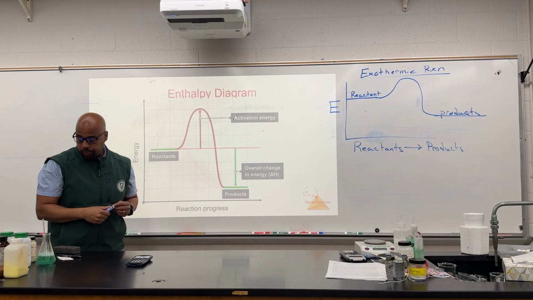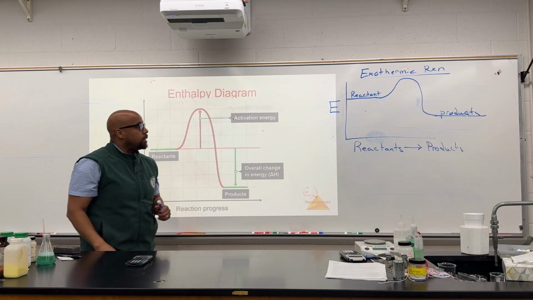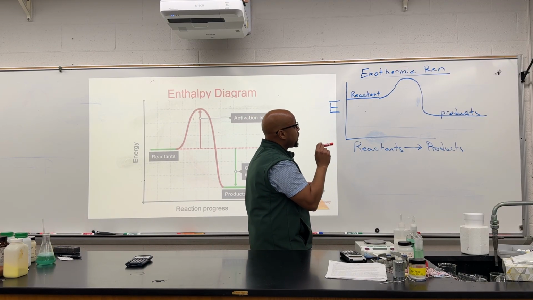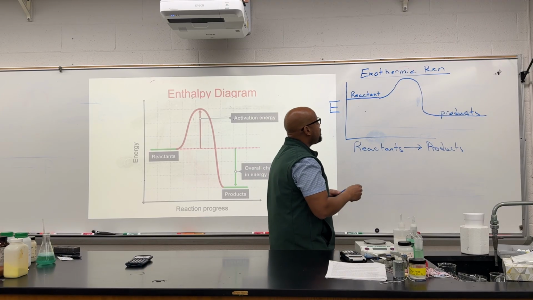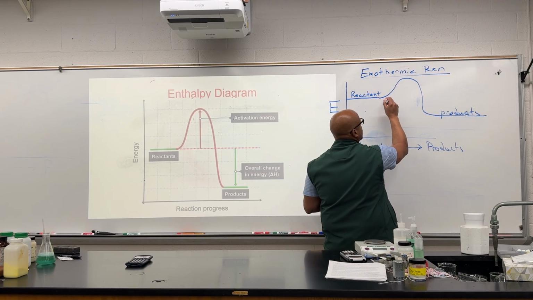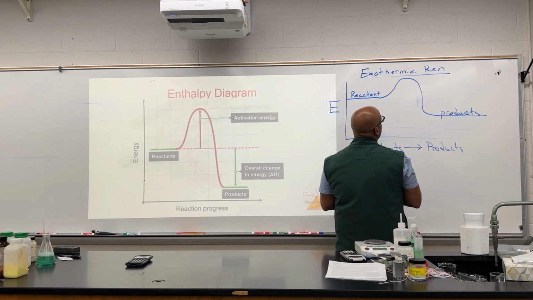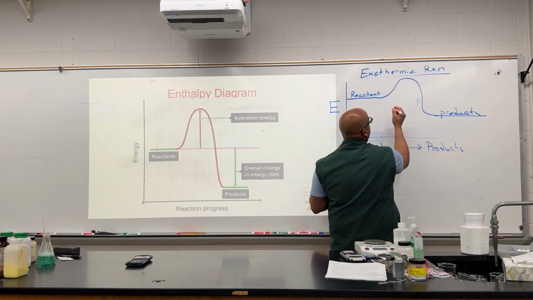Let me explain what's going on here. If you look at it, one of the things you're going to notice is that if I want these reactants to go over to the product side, just like we saw with the golfer, the same thing is going to play out right here.